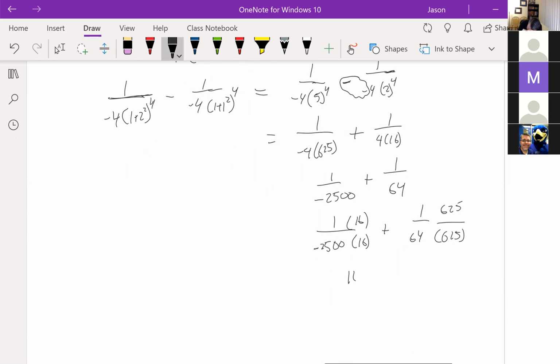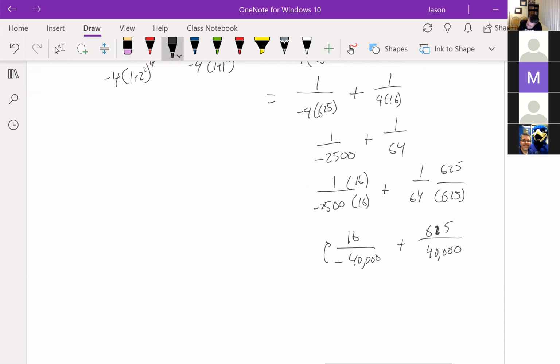So I've got 16 over -40,000 plus 625 over positive 40,000. The negative I can move on top if I want, but just know that it's 625 minus 16 over 40,000.